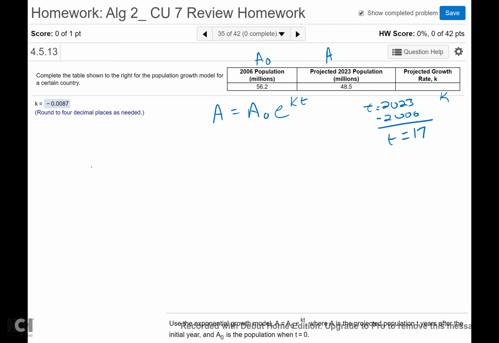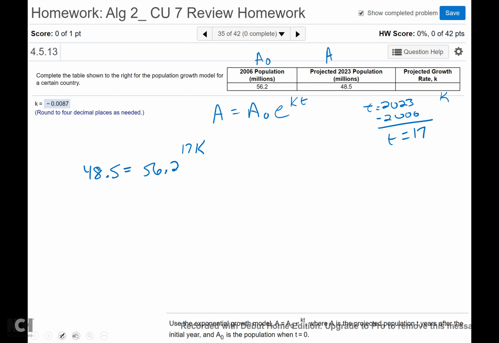So if I plug in what I know, this will be going down because it's negative. 48.5 equals 56.2 times, or not times, to the 17k. And I'm trying to figure out what k is.